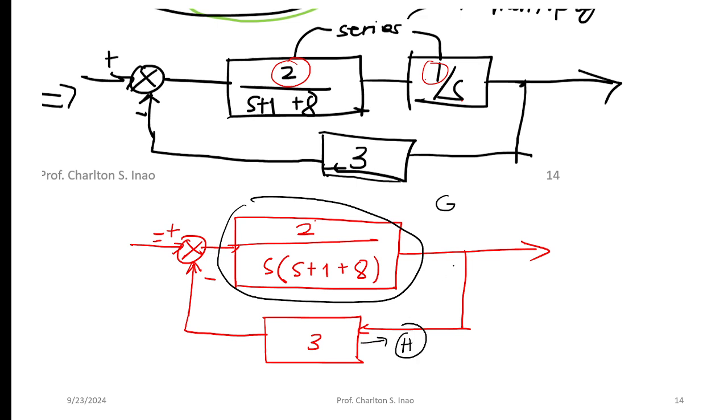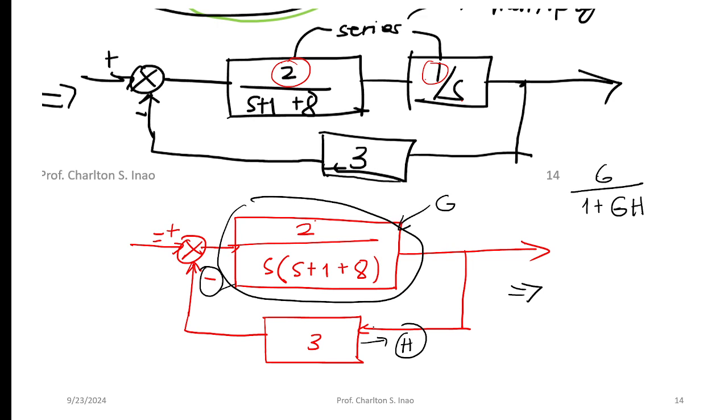Okay, so we can simplify that here on the right side. By just following this G, or the feed forward loop, take a look at this and get the reverse or the inverse. So if it's negative, you put positive here and then GH. So what is G?